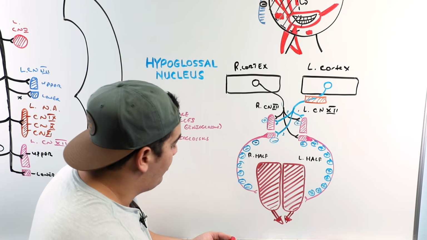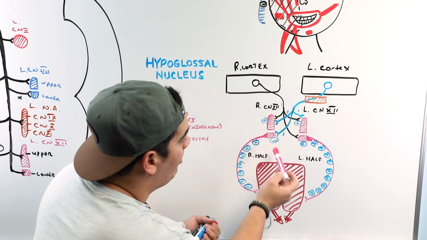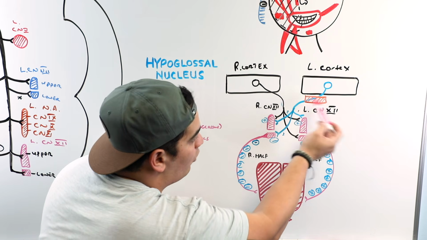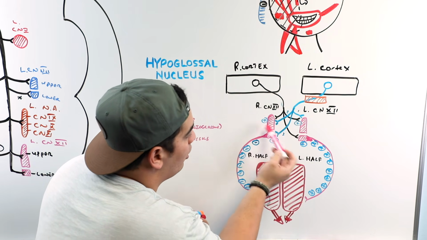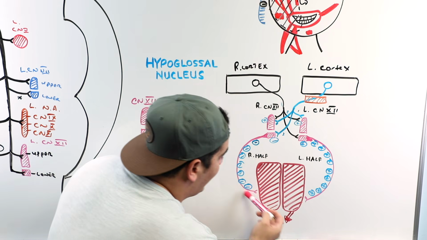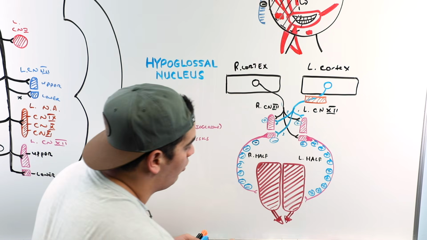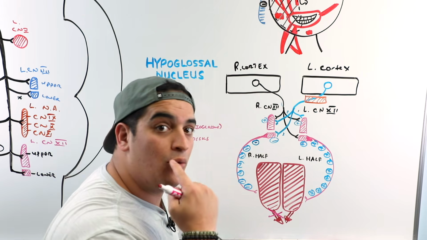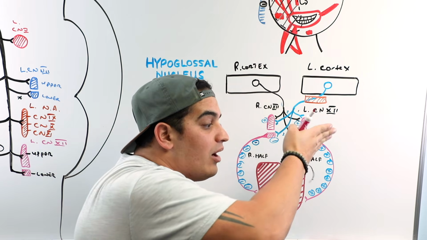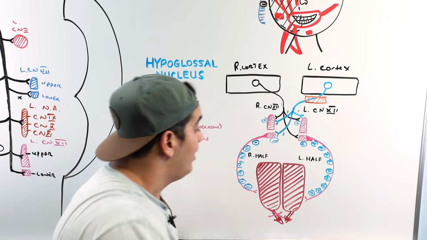If I knock out the lower hypoglossal nucleus, if I knock out my left corticobulbar tract, which means I don't stimulate my right lower hypoglossal nucleus, I don't stimulate the right genioglossus, that means that this movement here is gone. I can't stimulate it to move the tongue forward and to the left.